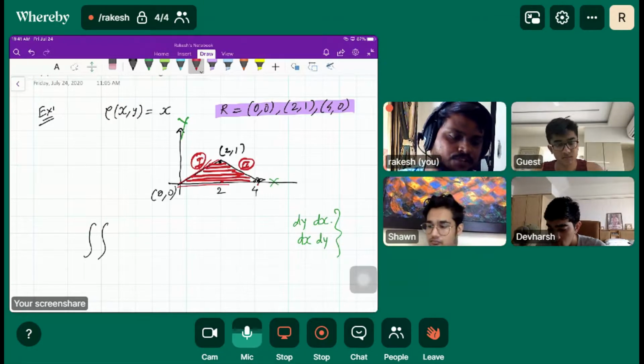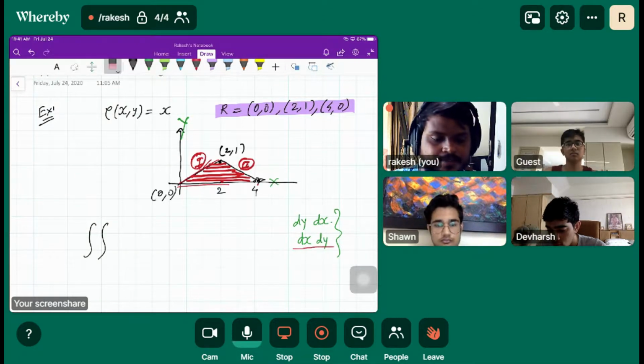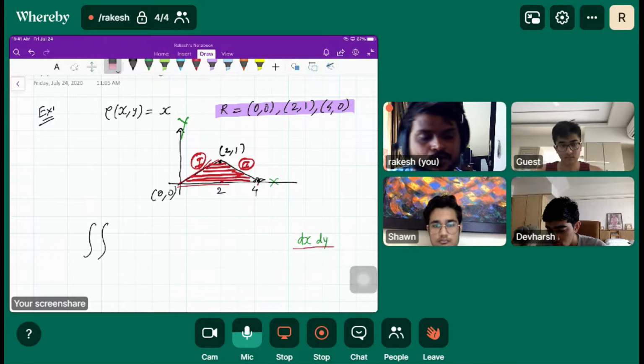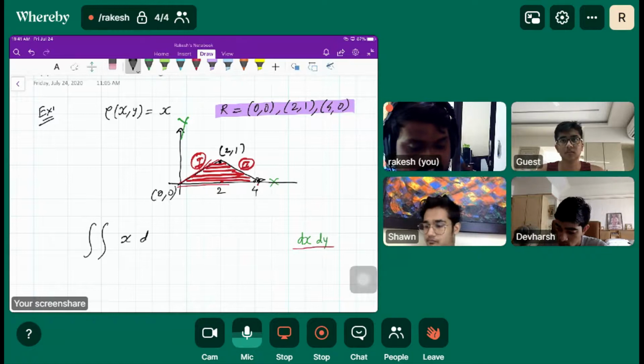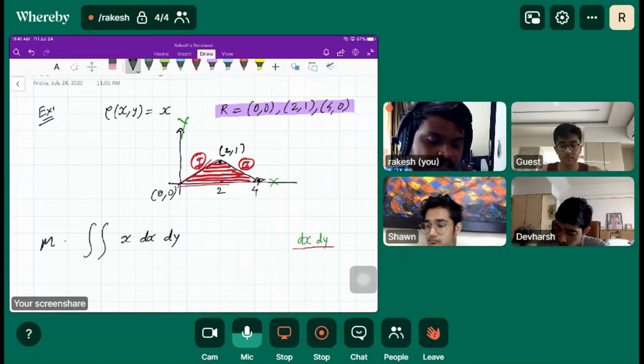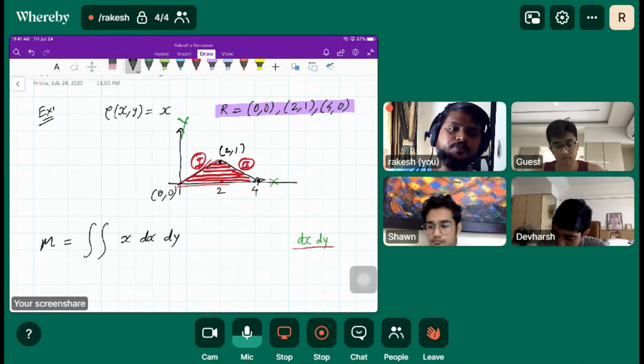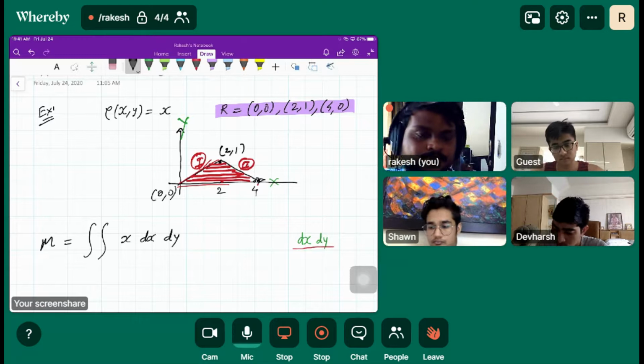So that's why we should take dx first and then dy later. So let me know the limits of this integral, dx dy, for the mass.